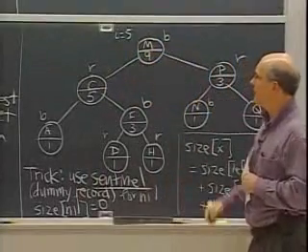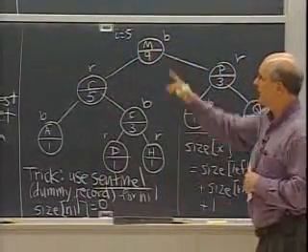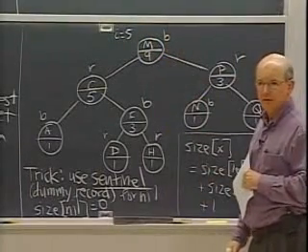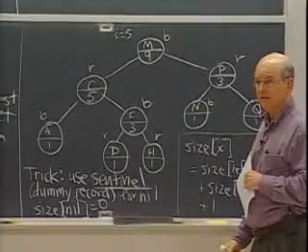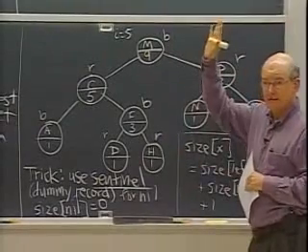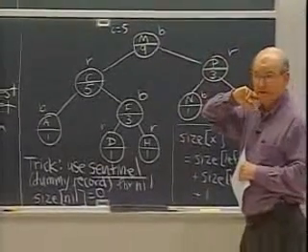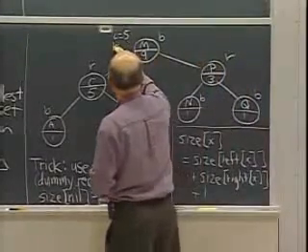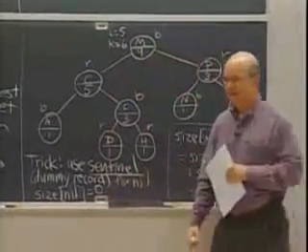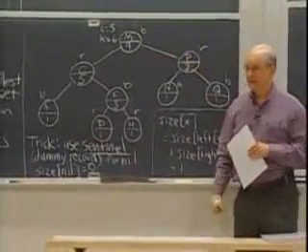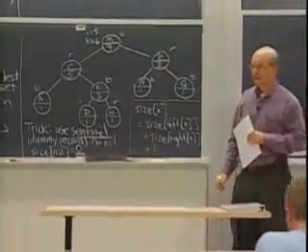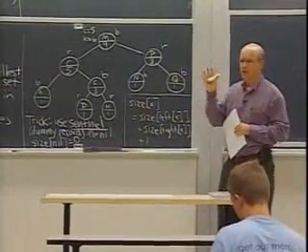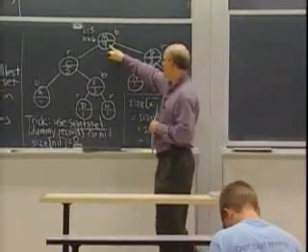So we first compute this value k. k is the size of left of x plus 1. What is that value? What is k anyway? In this case, it's 6. Good. But what is the meaning of k? The rank. Good. The rank of the current node.